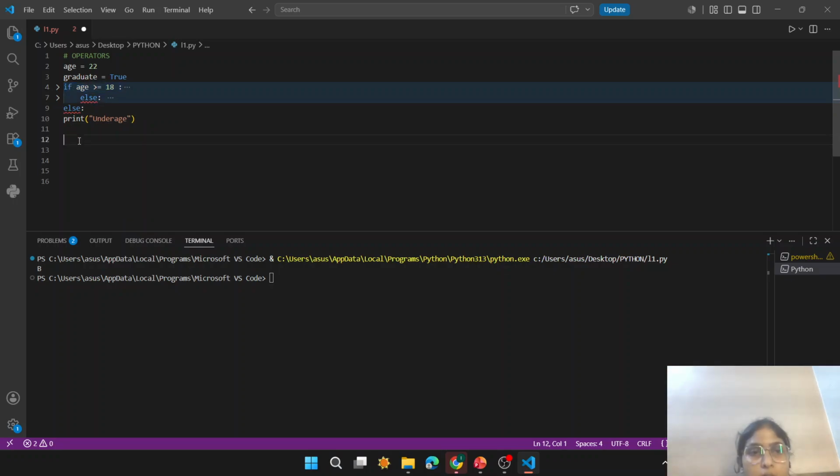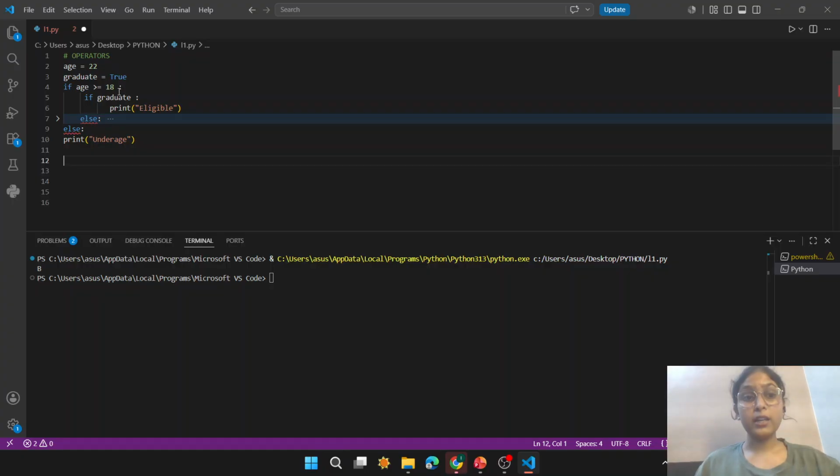Now this would be a little bit easier for you. See, first I give you two conditions, if else. First, the age should be above 18. If it is, then we will see what happens. If not, simply say that you are underage. If the first condition is satisfied, the age is above 18, then we move forward and see that it also has another if inside it.